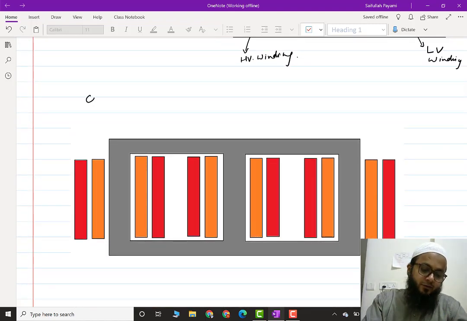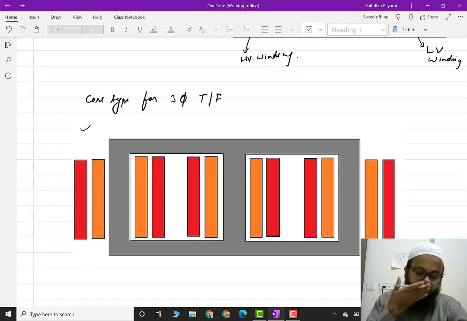So this is a core type for a three-phase transformer. Again we have the low voltage winding here, LV here, LV here, and on top of it we have the high voltage winding, HV here.